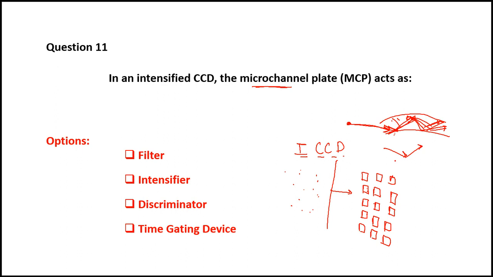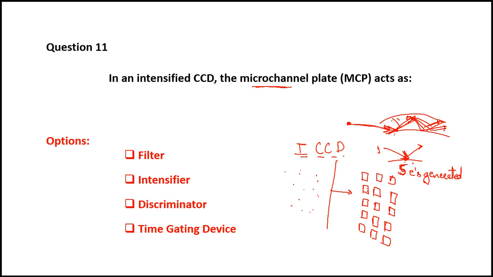Okay, but meanwhile, while it is incident on this point, because of its high intensity, there are more electrons generated or emitted from this point. Say at this point, around five photoelectrons are generated.